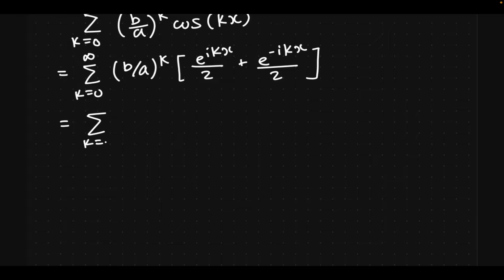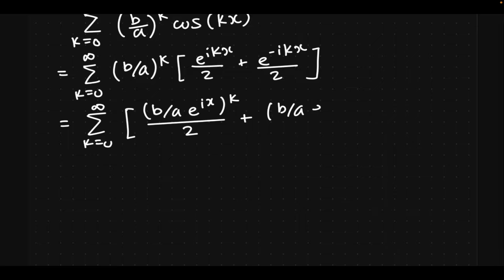Now we can collect the terms with the common power of k. So we will have (b over a e to the ix) the entire thing raised to k, divided by 2, plus (b over a e to the minus ix) to the k all over 2.